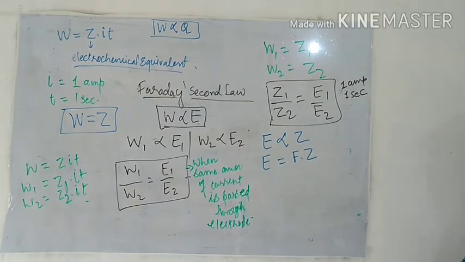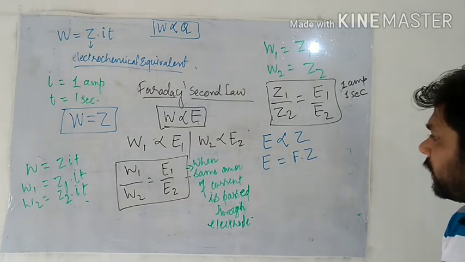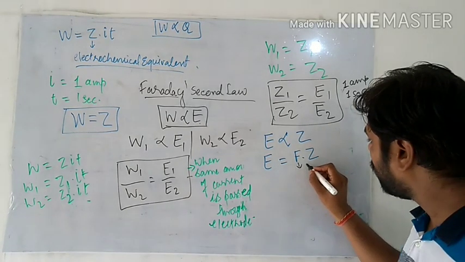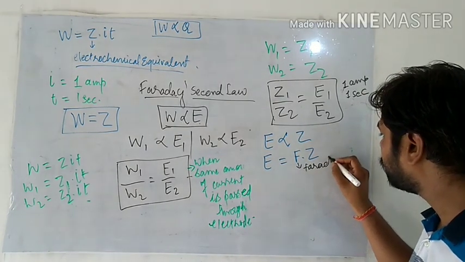Now F is what? F is called Faraday constant.